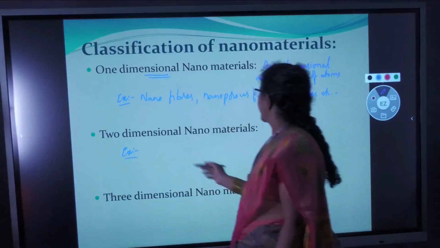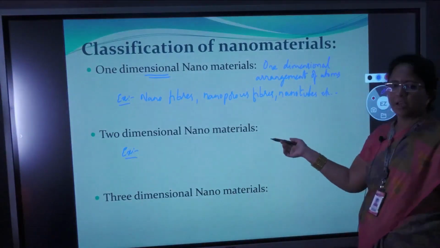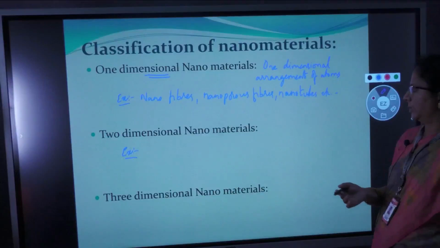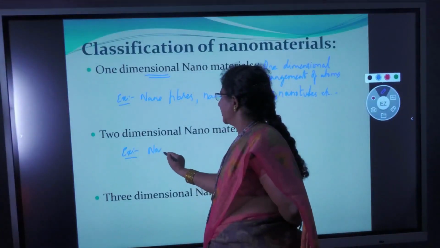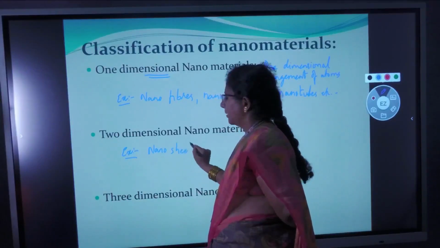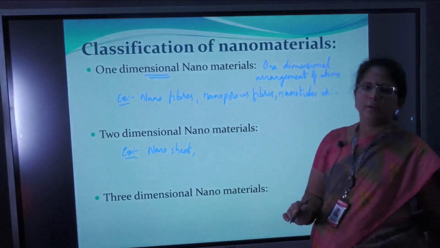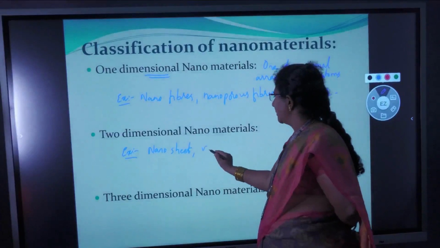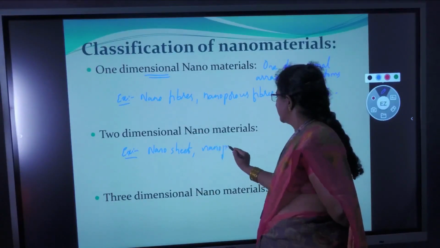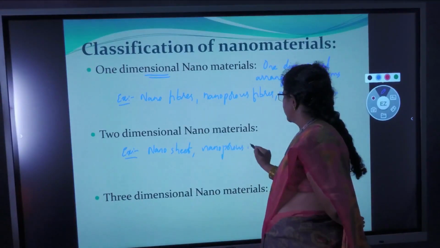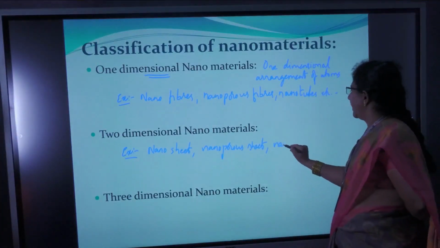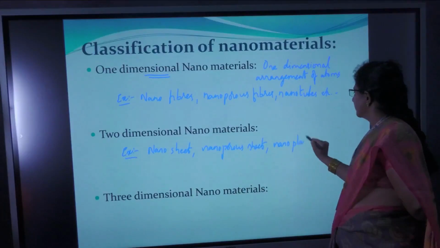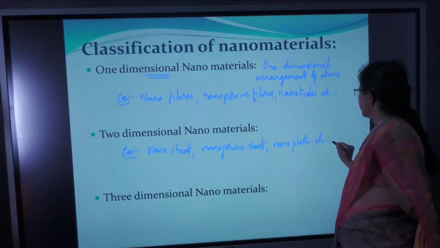Here two-dimensional nanoparticles means the atoms will have a two-dimensional arrangement. So examples are nanosheet, nanoporous sheet, nanoplate, etc.